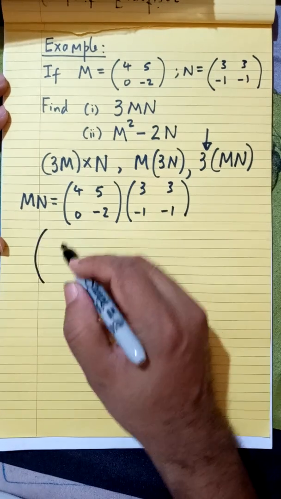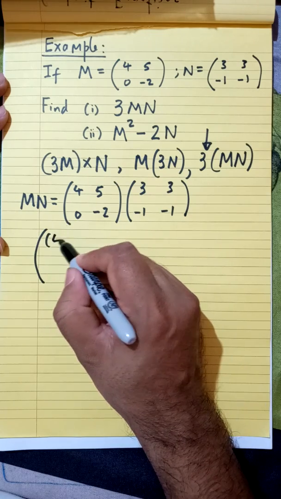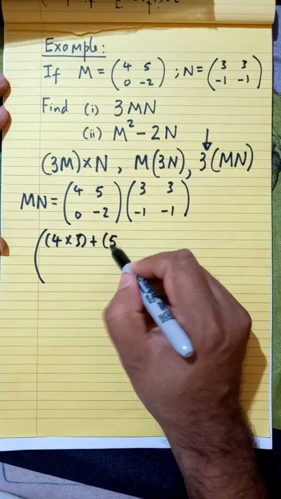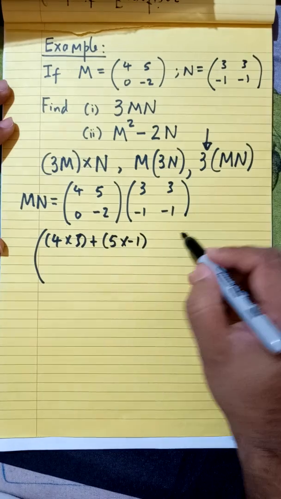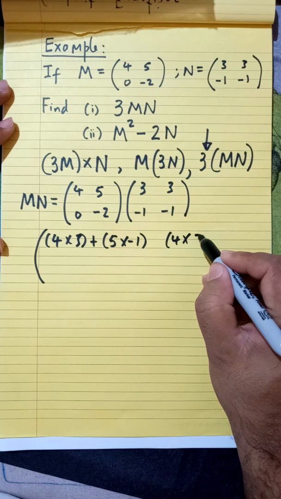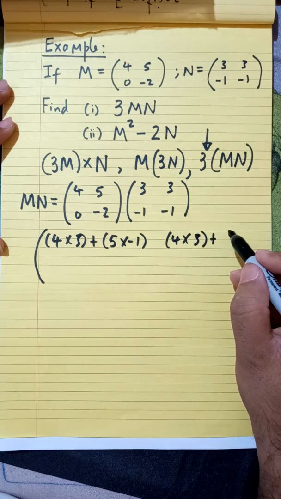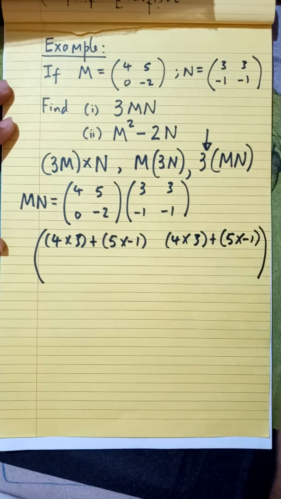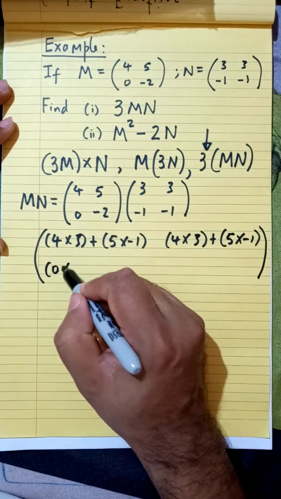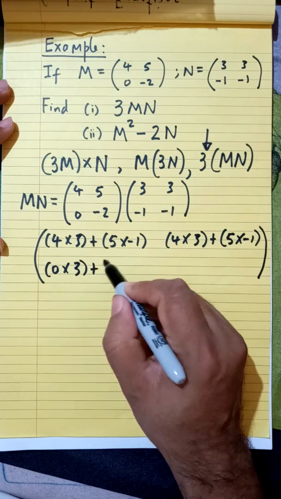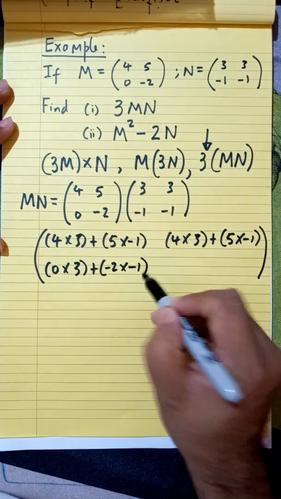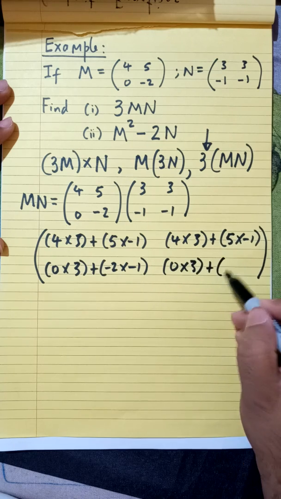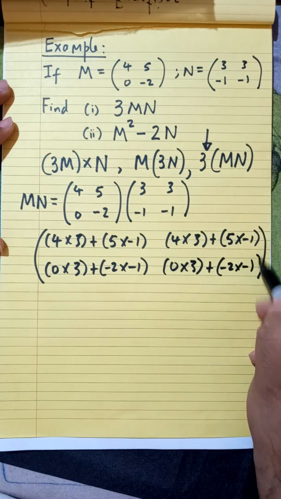So let's do the setting out. And then the 4 goes with that. And the 5 goes with that. 0 goes with the 3. Negative 2 goes with the negative 1. 0 goes with the 3. Negative 2 goes with the negative 1.